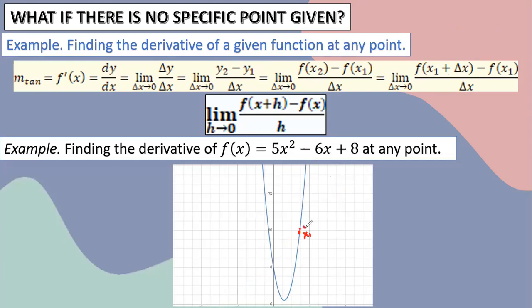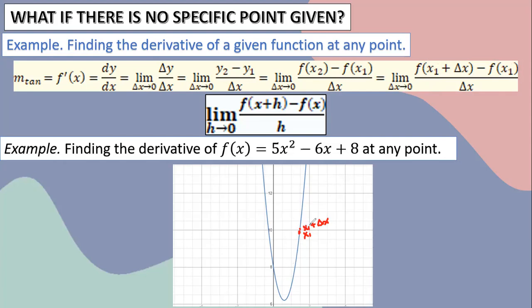So that is x sub 1 plus change in x. Okay? So nagkaroon na tayo ng dalawang value or dalawang point. So that is computing the limit of f of x sub 1 plus change in x minus f of x sub 1 over the small change, as that small change approaches 0.